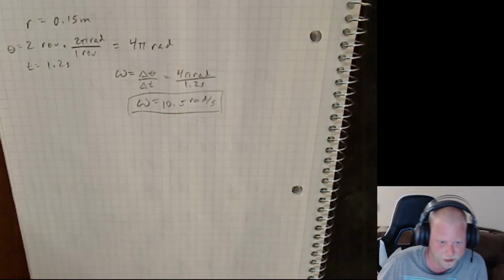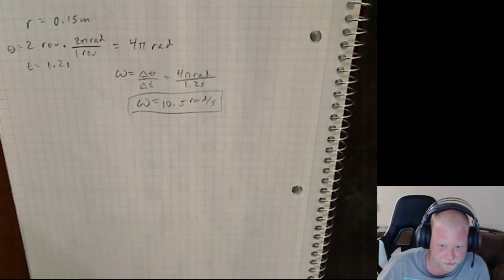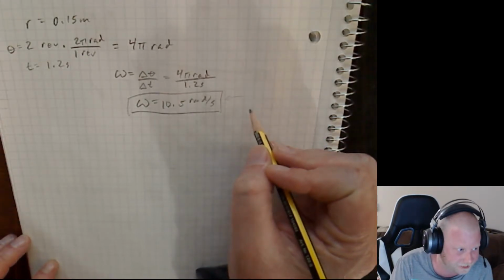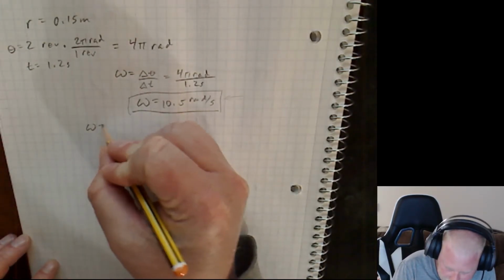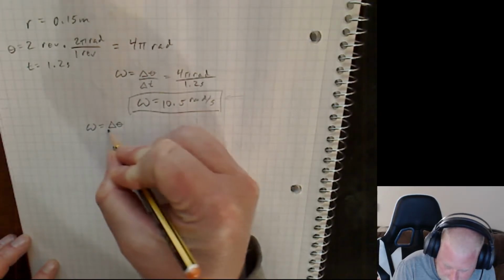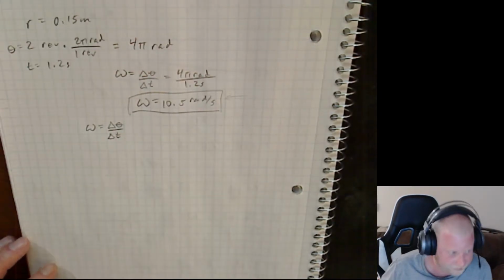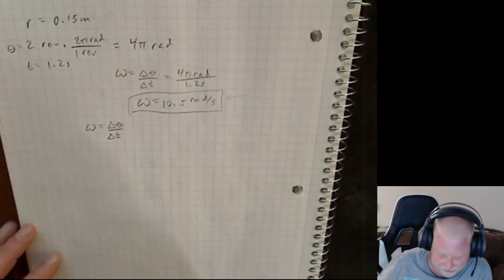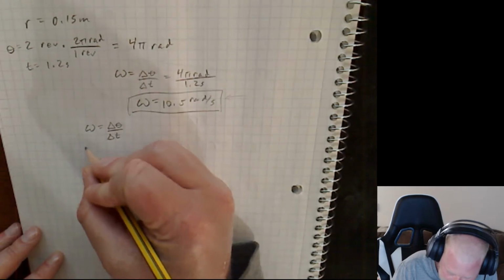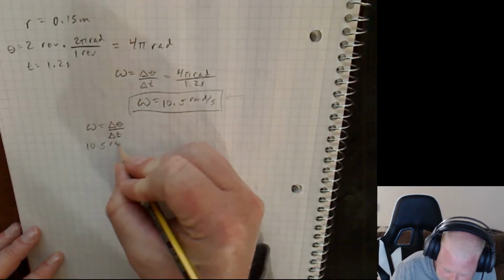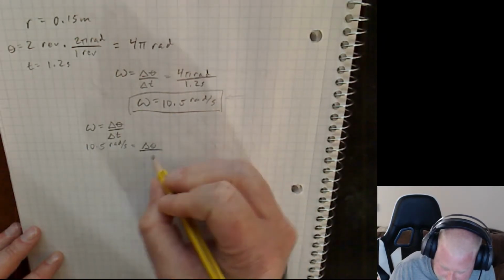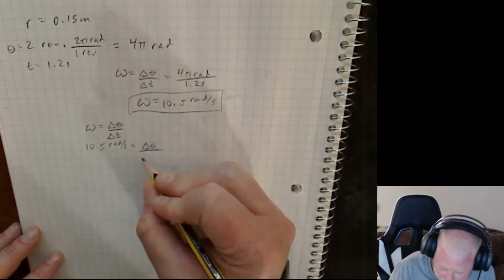Now the second thing we want to know is what is the ball's angular position at time equals 2? Well, if this is a constant angular velocity that we just found, again, we look at our equation for a constant angular velocity, where it's change in angular position over time. And we have 10.5 radians per second is equal to our unknown position over 2 seconds.